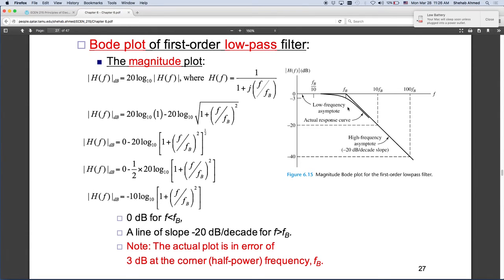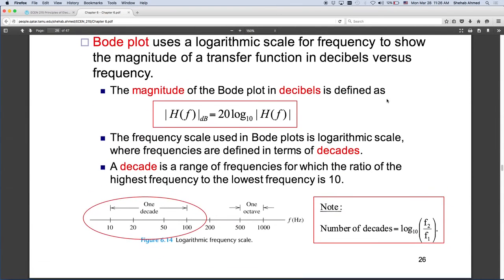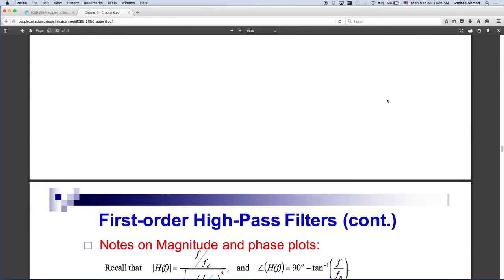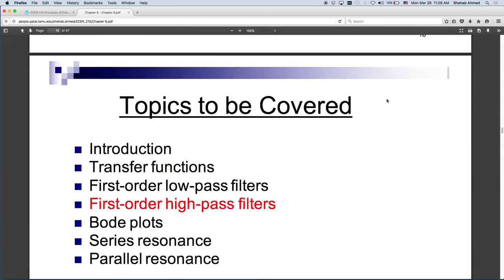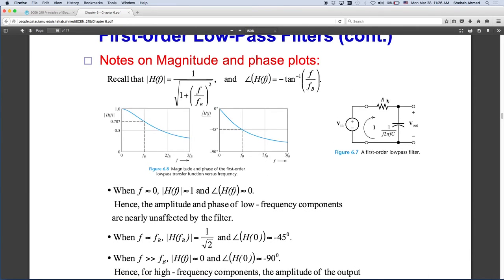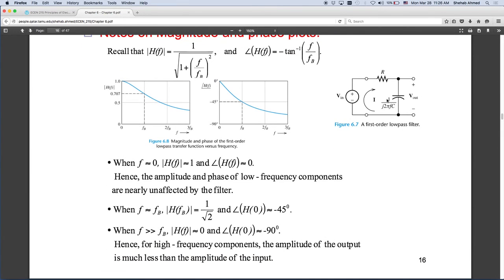If we go back to the linear scale for the low pass filter, at f equals fb, the magnitude was what? 0.707. Can everybody see this? 0.707. So at f equals fb, the magnitude was equal to 0.707. In dB, it corresponded to minus 3 dB. This point is called the half-power frequency point.